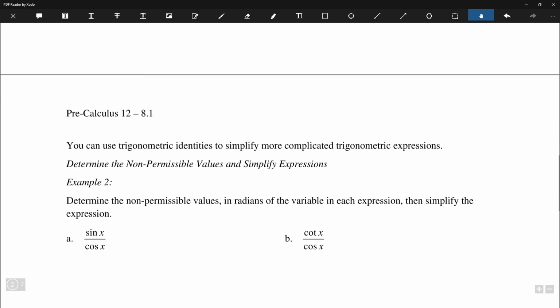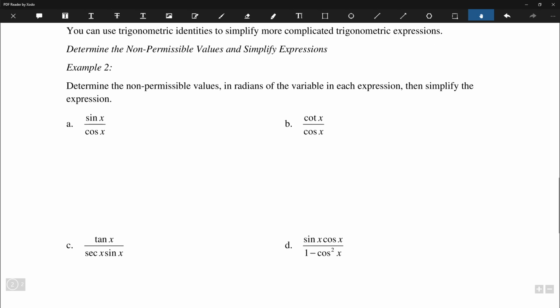Okay, so given the identities that we have, we can simplify some trigonometric expressions and also find their restricted values. So in this first example here, we have simply sine x over cosine x. If we are to rewrite it as a single term, then of course we know that this is just equal to tangent x. Now, what is also important here is what are the restrictions. So we know that since cosine x is in the denominator, it cannot be equal to 0.